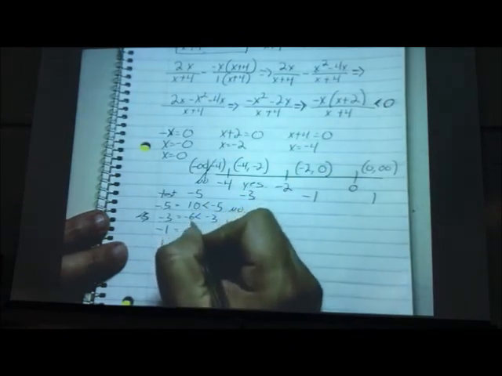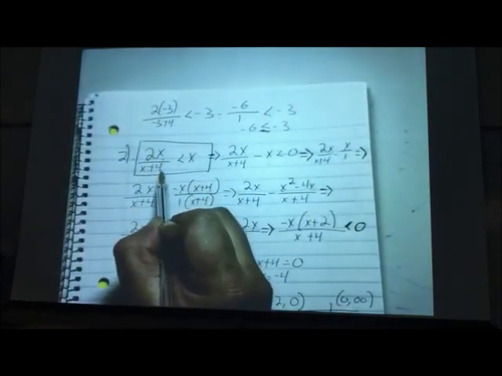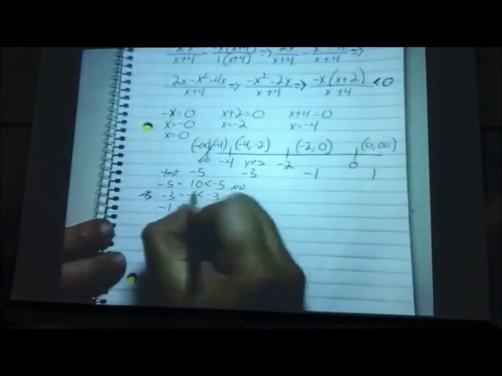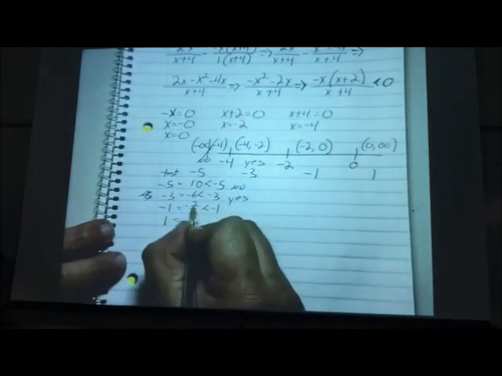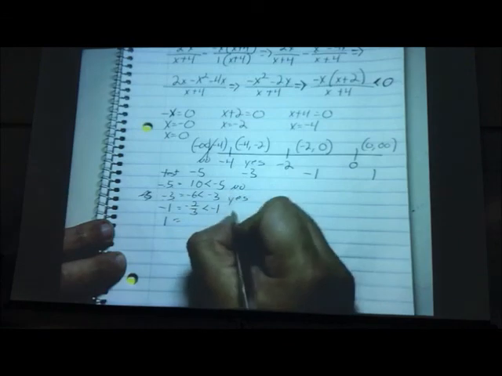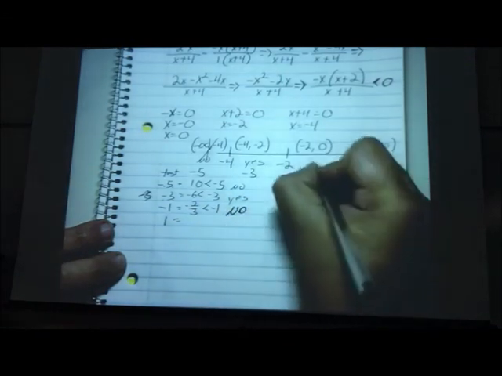Then we do the -1. When we put the -1, it's 2 times -1 over -1 plus 4. Once we calculate it, it gives us -2 over 3, less than -1. Is -2 over 3 less than -1? No. So we cross it out. Then we do 1. 1 is real easy.